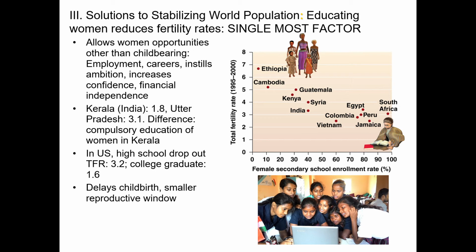Educating women has been shown to be the most effective way of decreasing total fertility rate. The data shows over and over and over again that the more you educate women, the more you allow them opportunities with their education, the lower your TFR is.